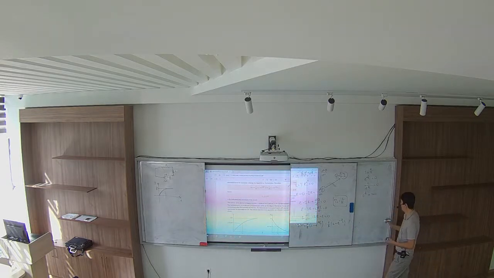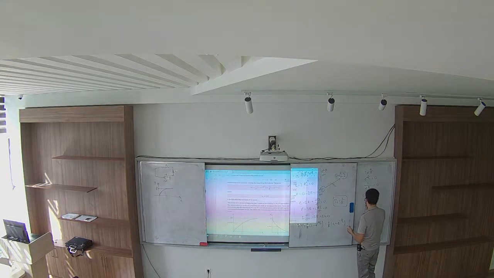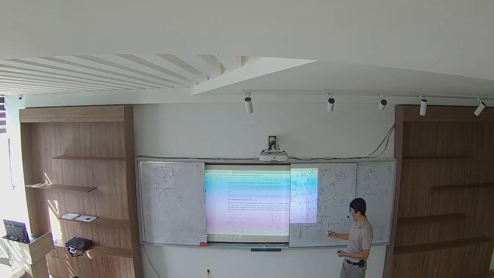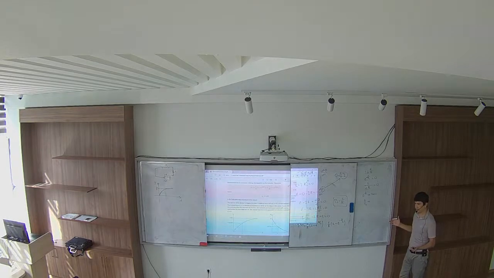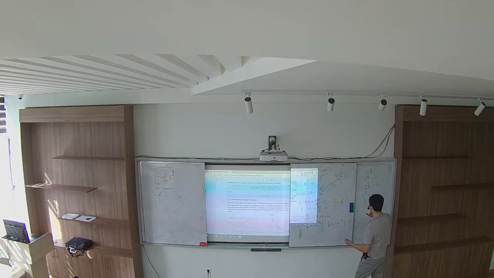So it means that t divided by tau approaches what? Okay, let me just write: t equals tau, yeah?